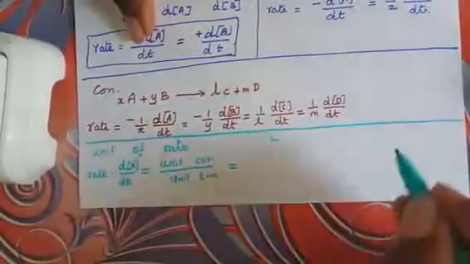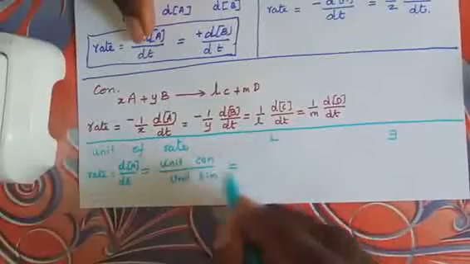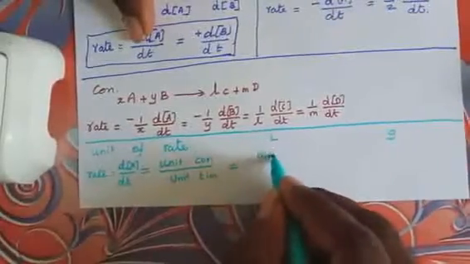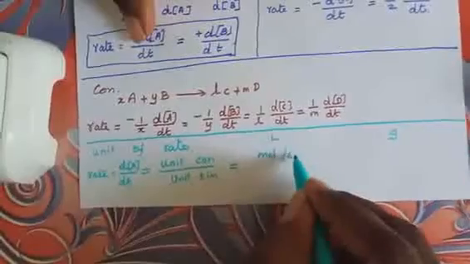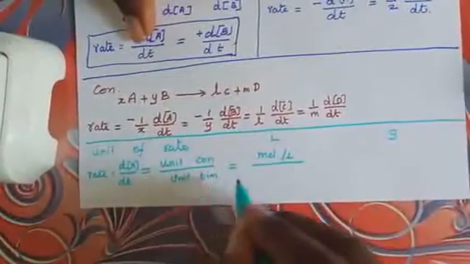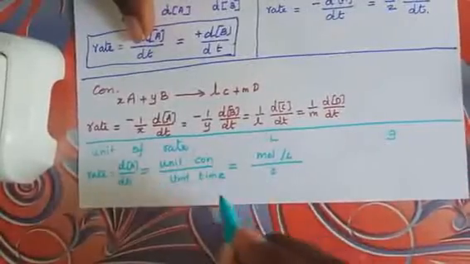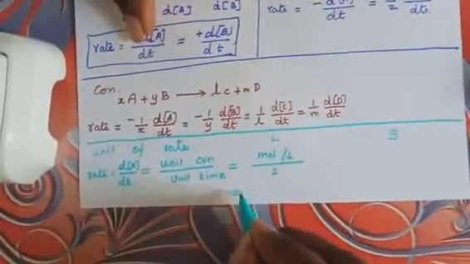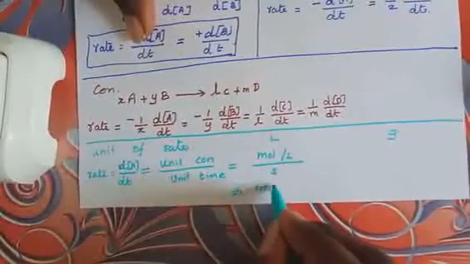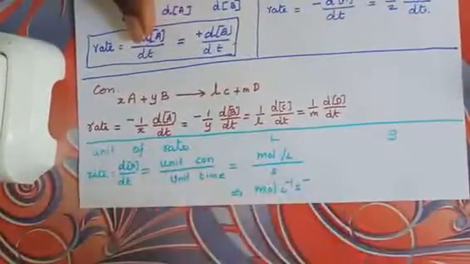When we consider the presence of a liquid substance, the unit of concentration may be expressed in terms of moles per liter. Unit of time is measured in terms of second. So the units of rate on the basis of a liquid substance are mole liter inverse second inverse.